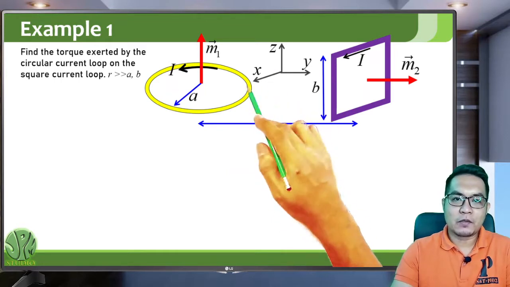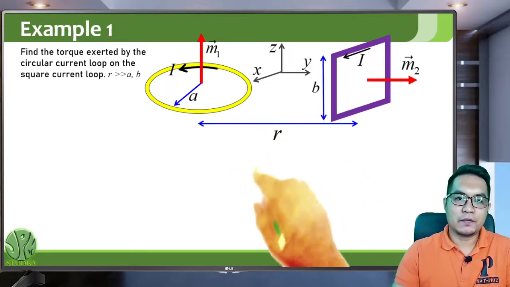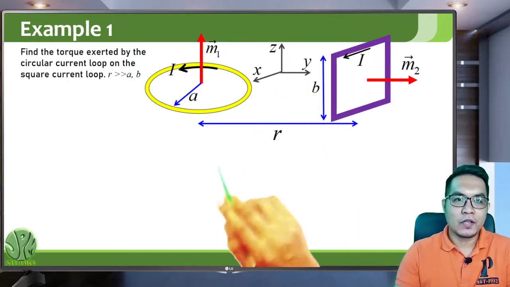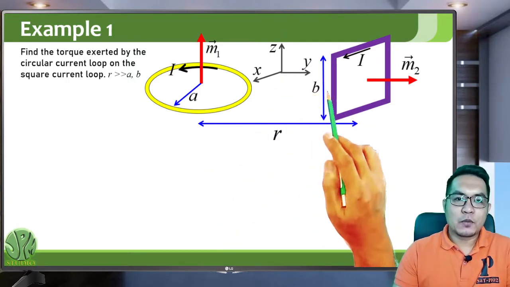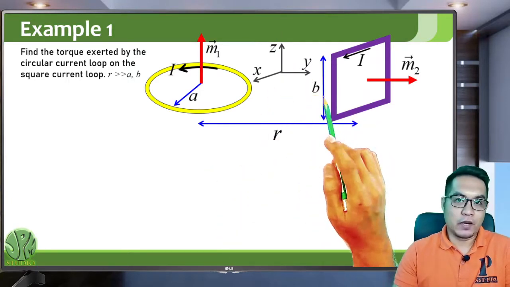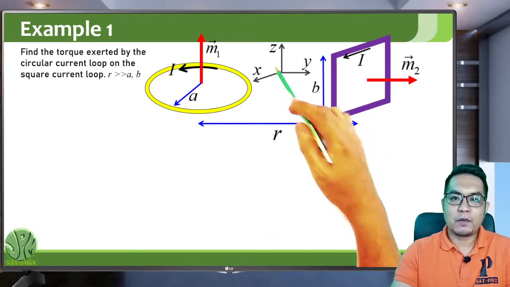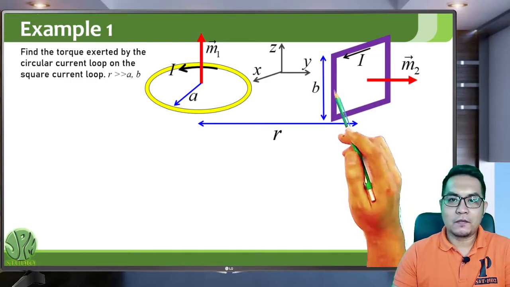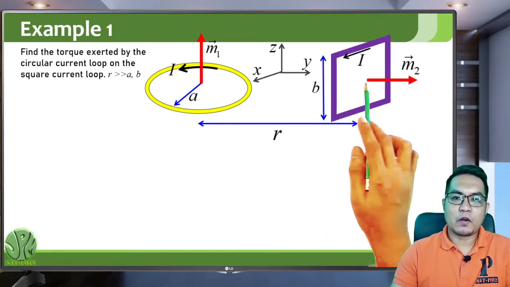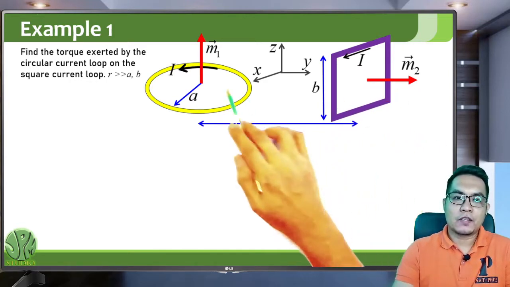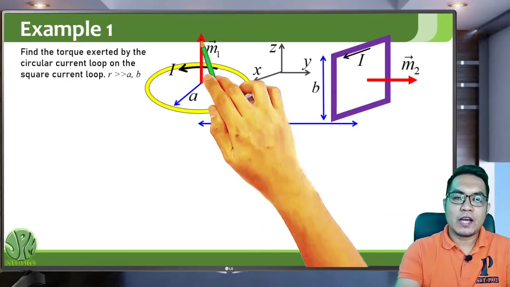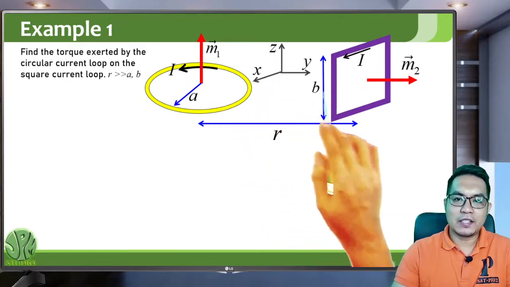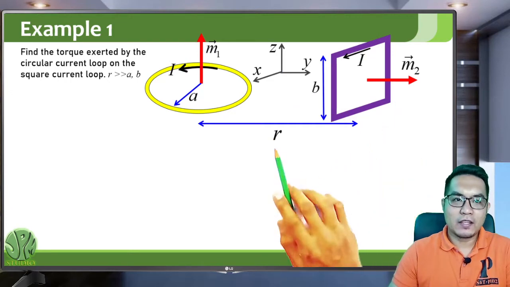The square loop is in the XZ plane, with a length of b and dipole moment m2. So m1 is along the z hat axis, m2 is along the y hat axis.